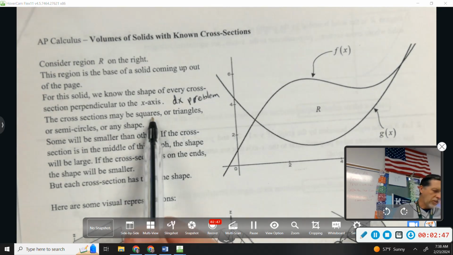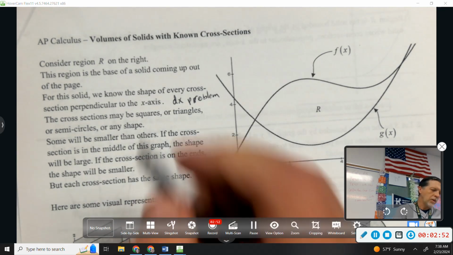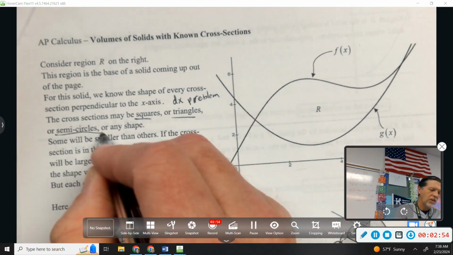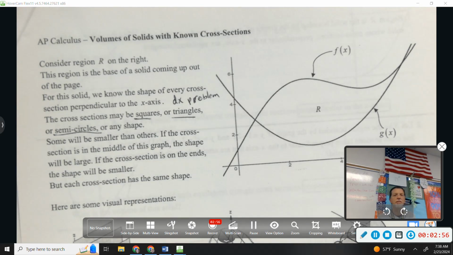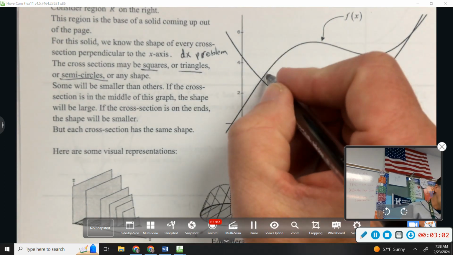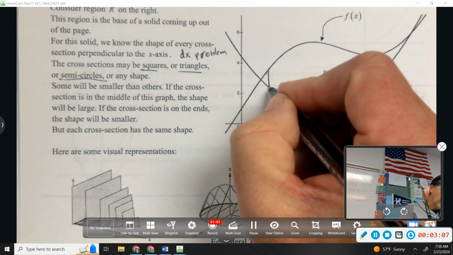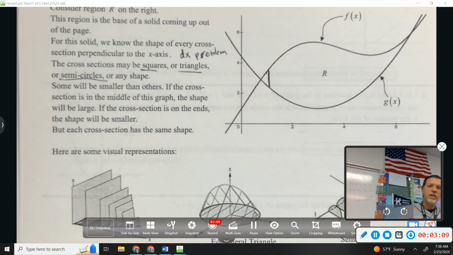The cross sections might be squares, triangles, semicircles, could be anything, but usually we're sticking with the basic shapes that we know the areas of. Let's try to sketch in what a square cross section would look like. This is where things get a little bit hairy. So there's the distance from top to bottom.